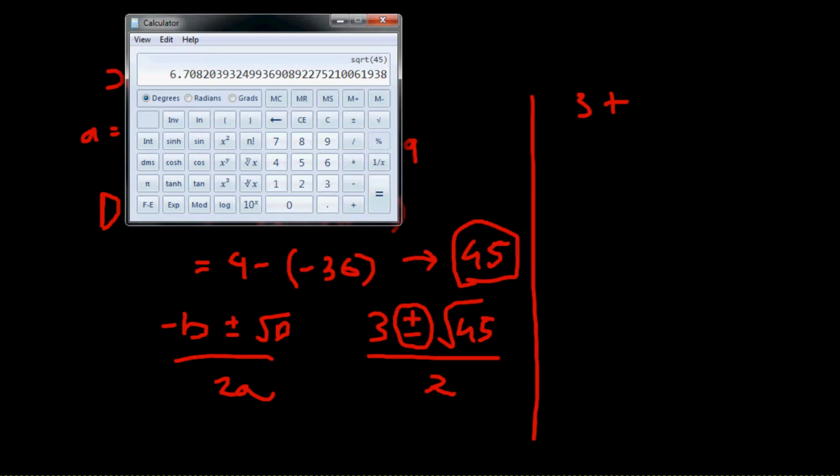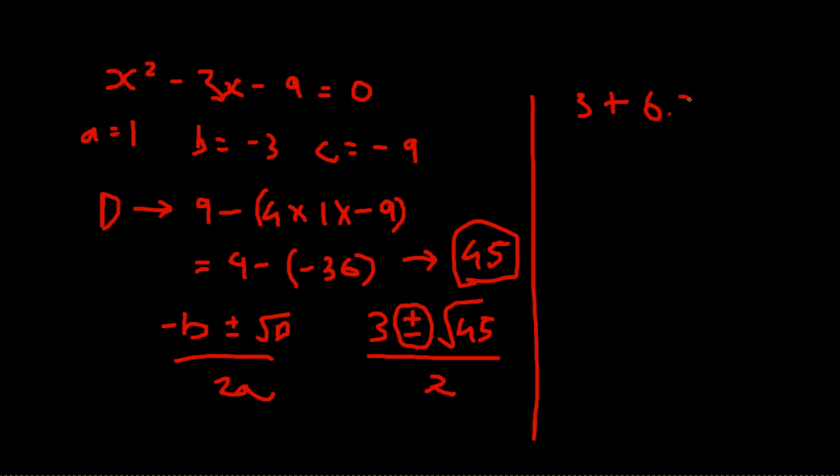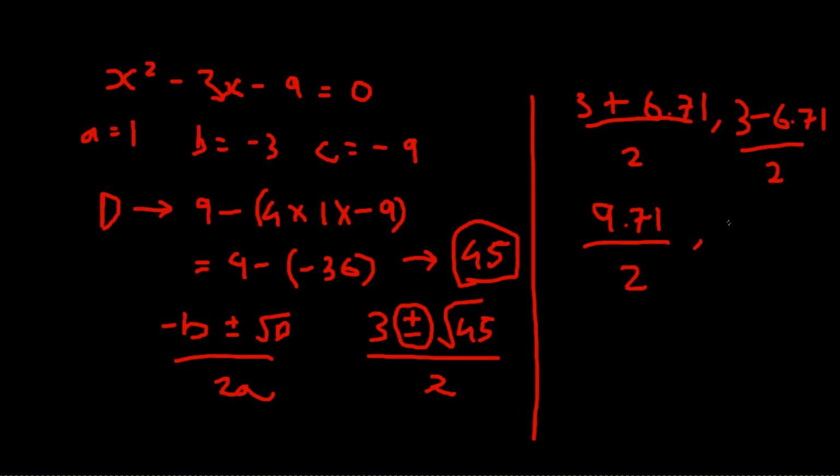So 3 plus 6.71 upon 2, and the other root is 3 minus 6.71 upon 2. And when you solve this, you get 9.71 upon 2, and you get minus 3.71 upon 2.